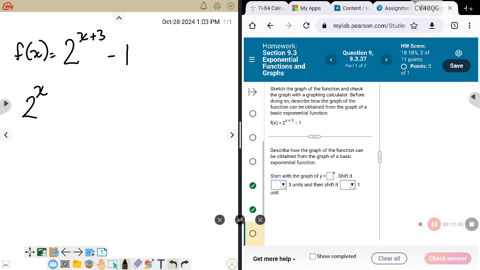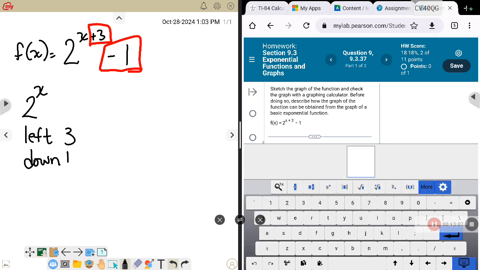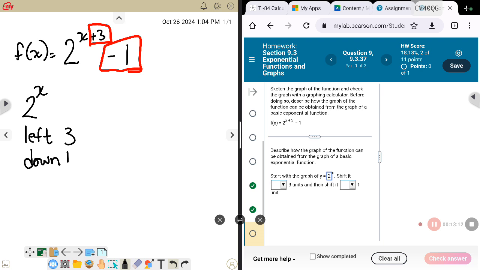My horizontal shift that comes from my inside number opposite that sign will be to the left 3, and then my vertical shift, which comes from that outside number, will shift it down 1. So starting off with 2 to the x power, shift it left 3 and down 1.